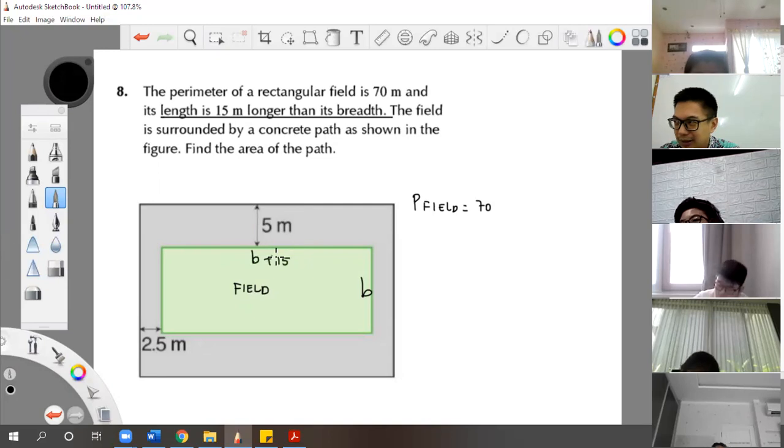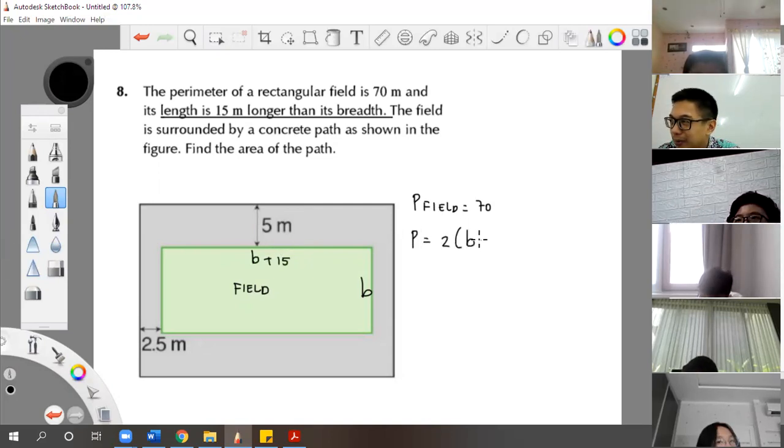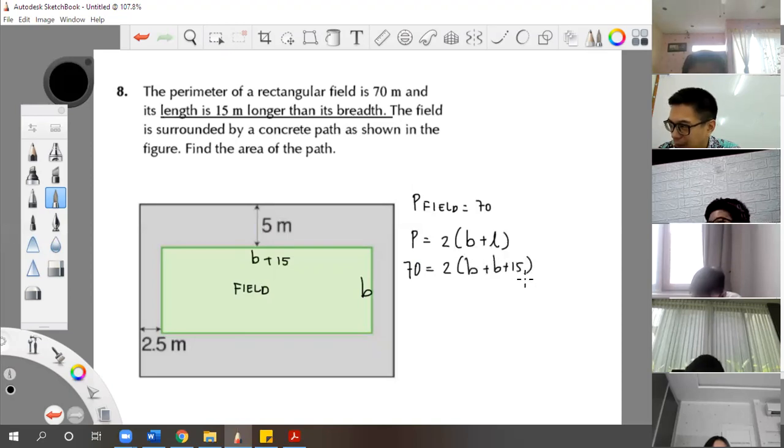Oke? Nah, berarti perimeter formulanya apa? 2 times breadth plus length. Ingat ya. So perimeter udah ada 70. Algebra banget ini. 70 equals 2 times breadth-nya B, length-nya B plus 15. Right? Next, 70 equals 2 times B plus 15.